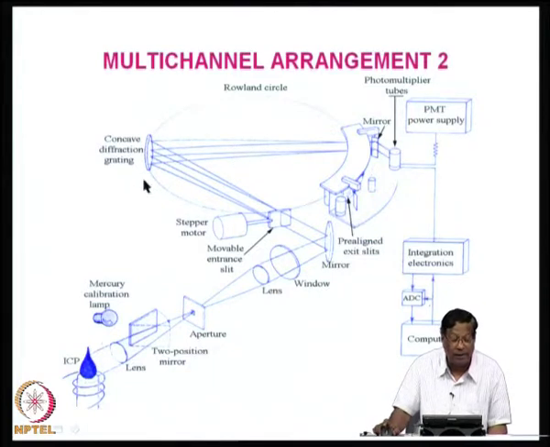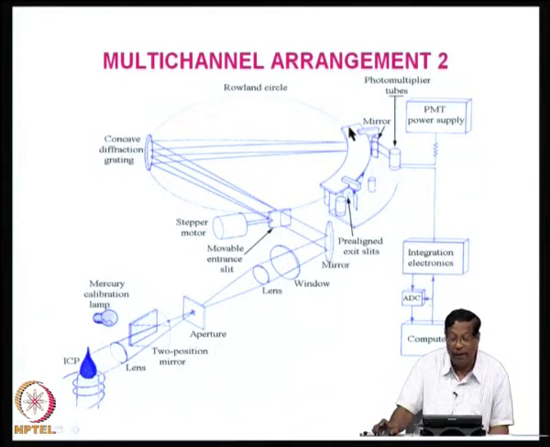So, this is another way of multi-channel arrangement. Here essentially the ICP is there, a mercury calibration lamp, and then a lens, a 2-position mirror, an aperture, and then to collimate it and get parallel lines, and then the radiation will be going through to the, here I have a stepper motor, and the radiation will be going to the concave diffraction grating, and then the mirror and PMTs are arranged.